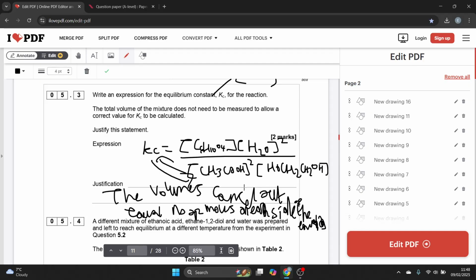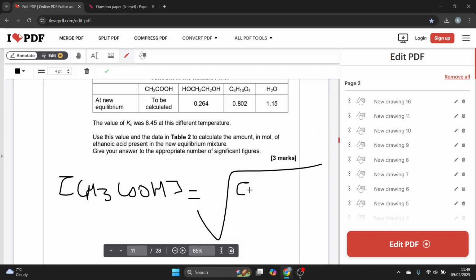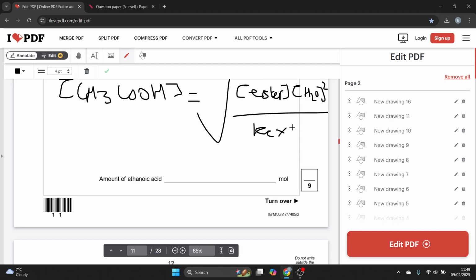Because if I times by both of these and then divide by that, it's going to be concentration of CH3COOH equals the square root of the concentration of the ester times concentration of H2O squared, divided by Kc times concentration of HOCH2CH2OH.